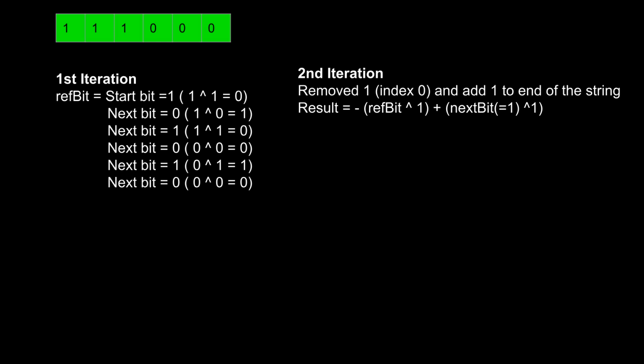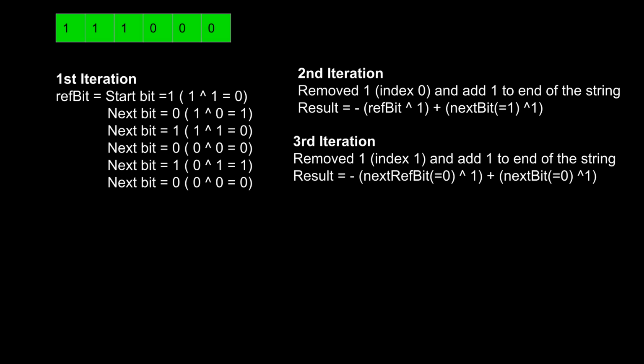In the third iteration, we're going to remove the value from index 1, which is 1 again, and we're going to add 1 again at the end of the string. How are we going to see whether that index 1 was contributing anything to that value or not? That is going to be decided by the next of the reference bit.